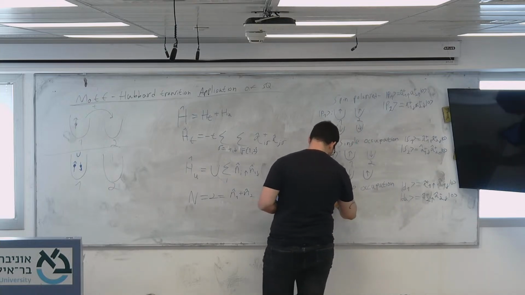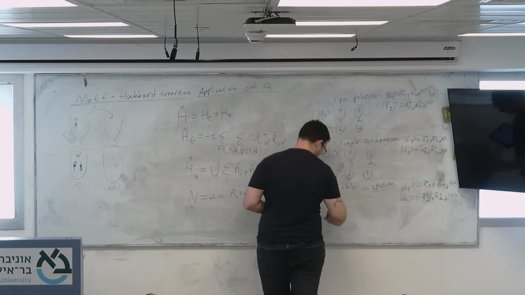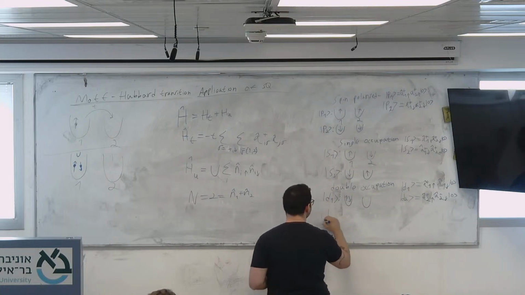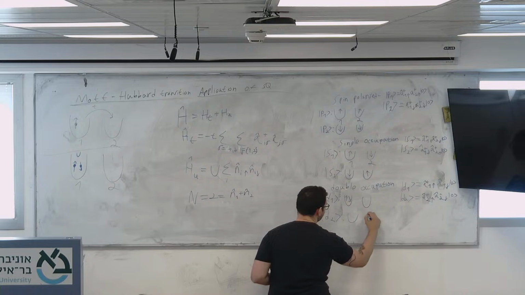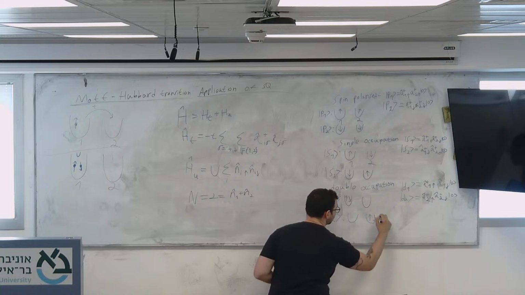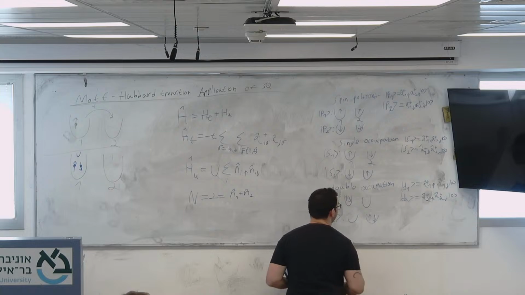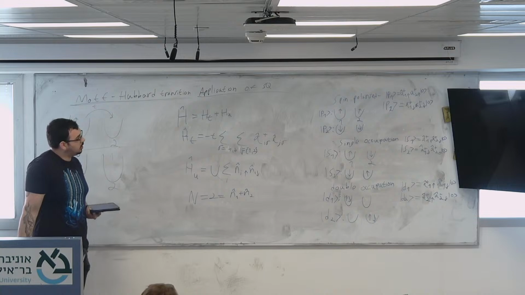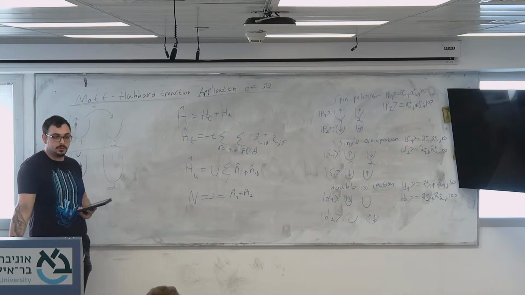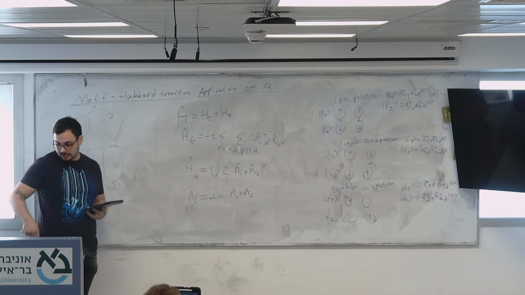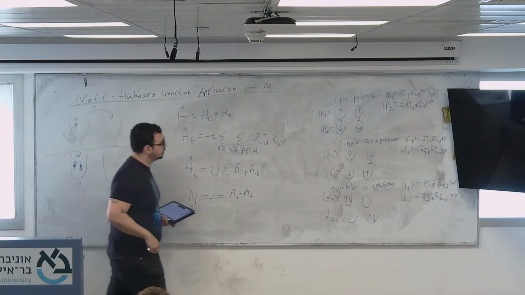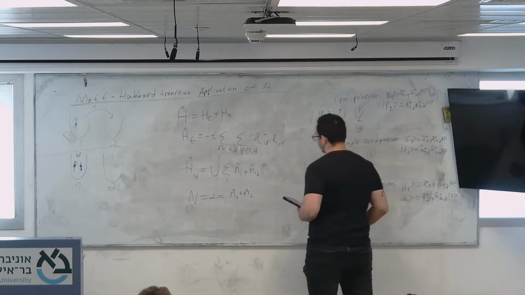This will look like this. You can check me on this. These are our 6 possible basic Fock states that will span our state space.